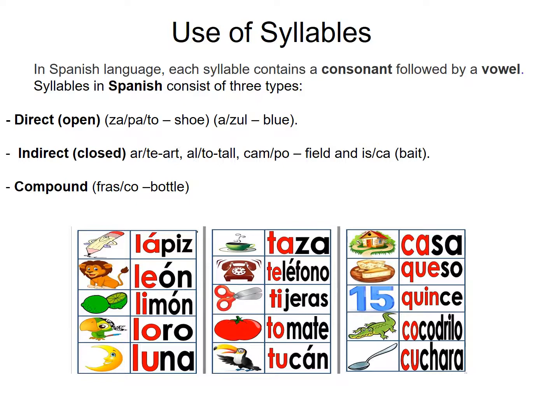Indirect or closed syllables have a vowel preceding the consonant, arte, which means art, alto, which means tall, and campo, which means field. Compound syllables have elements of both direct and indirect structure, like the word frasco, which means bottle.